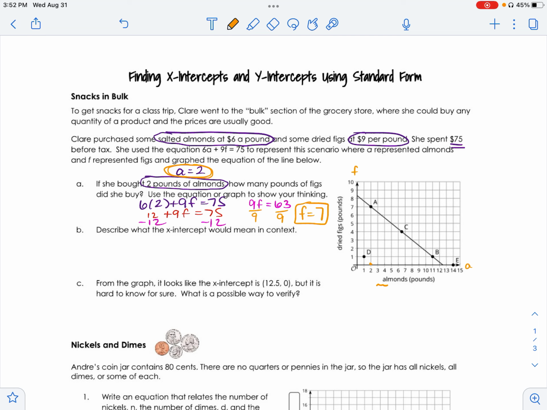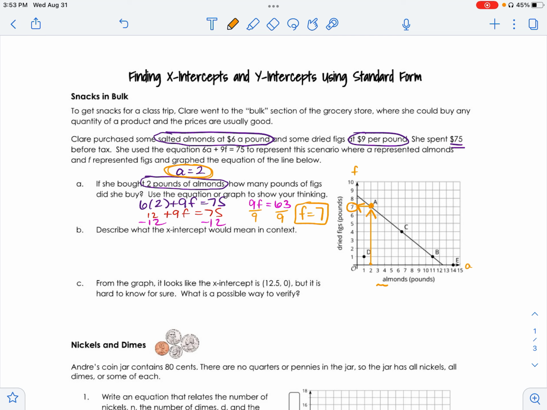So I'm going to look at 2, and then I'm going to follow that all the way up until I get to the function. So see right here, I have point A. Then I'm going to follow to the left, and I see that it is at 7 on the f-axis. So that way I could have gotten 7 for f. So she bought 7 figs.